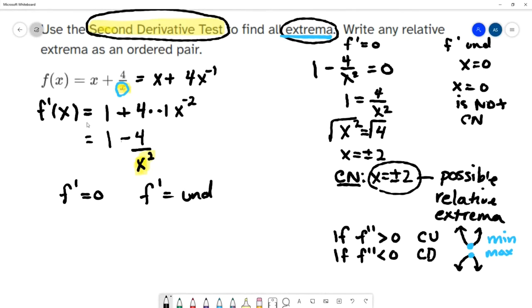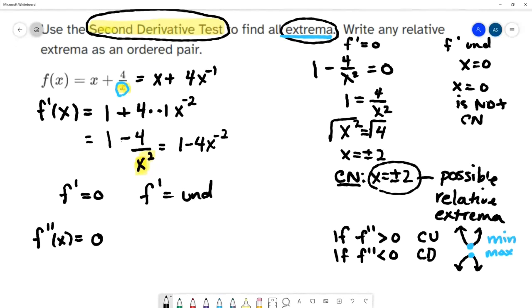We want to use that second derivative test, and we have to calculate the second derivative in order to do that. So we have 1 minus 4x to the negative 2. What I did is I just rewrote that first derivative so that it's easy for me to calculate the second derivative. So the second derivative, the derivative of 1 is 0.